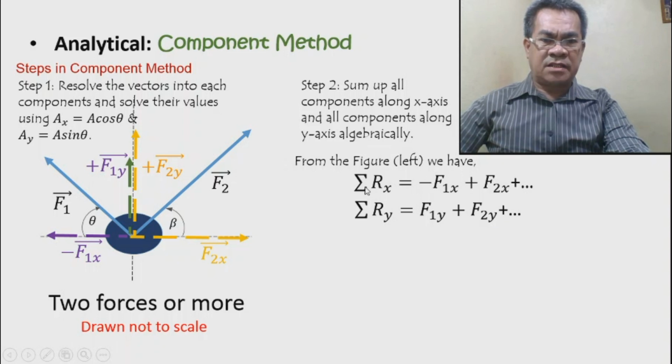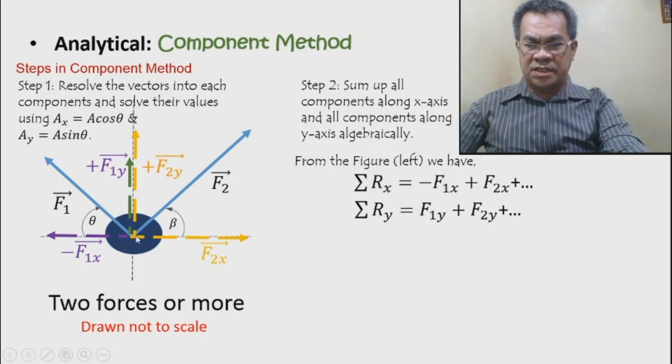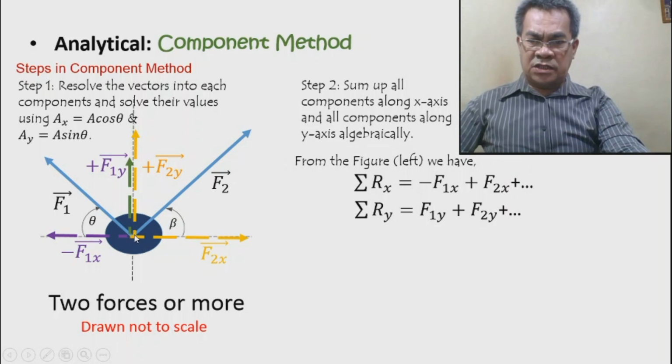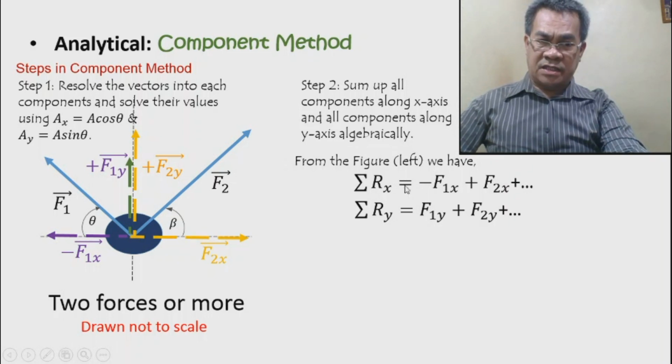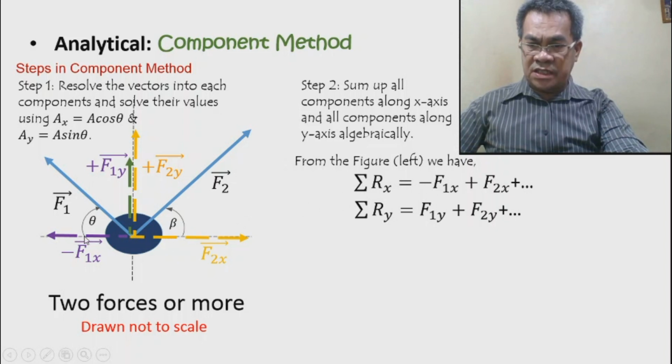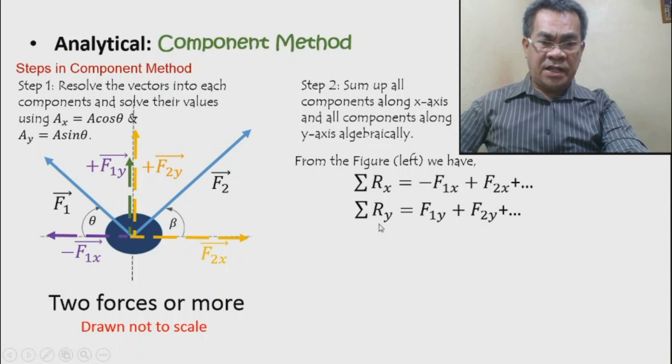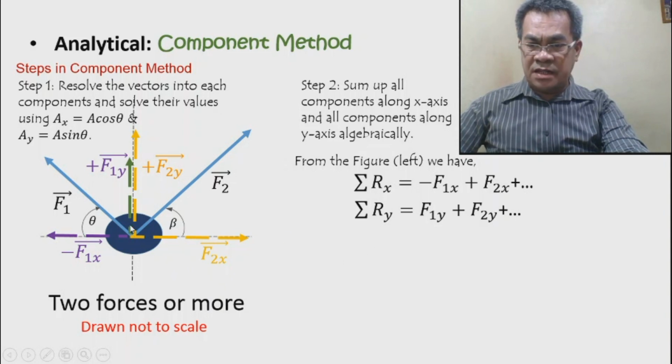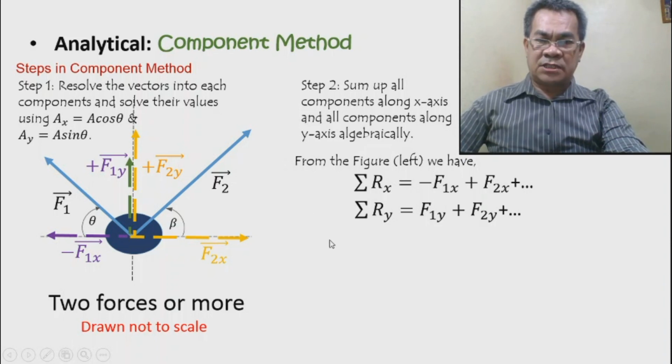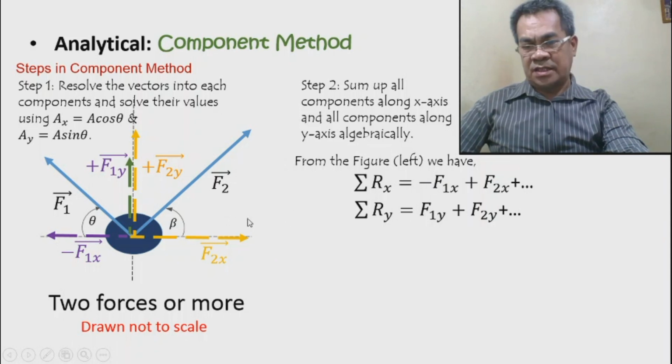If Rx is positive, it's understood from the Cartesian plane that the x component is going to the right. If this is negative, it's understood that Rx is coming from the origin towards the left. Now for y, if positive, from the origin, upward. If negative, downward. Okay. Suppose the result is negative for Rx and positive for Ry. If Rx is negative, your Ry is upward. So therefore, the resultant is found in the second quadrant.